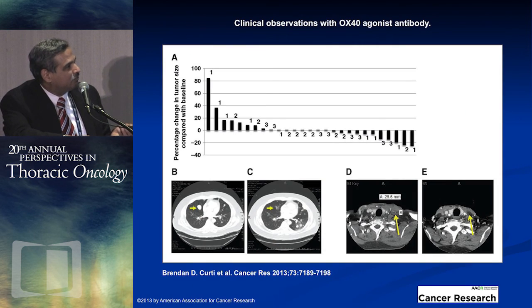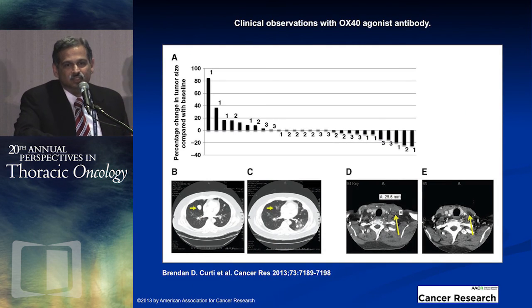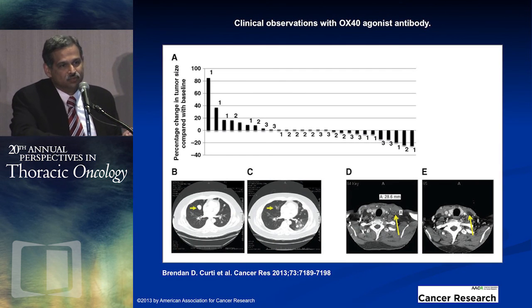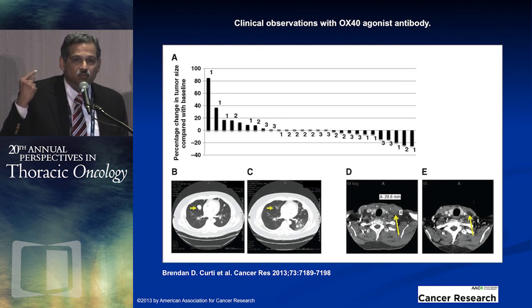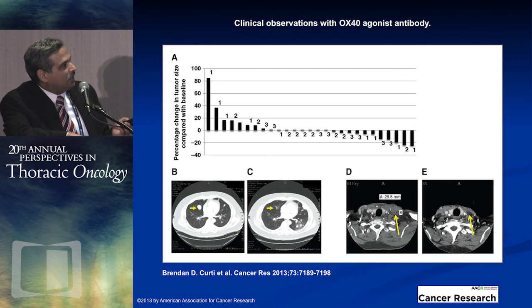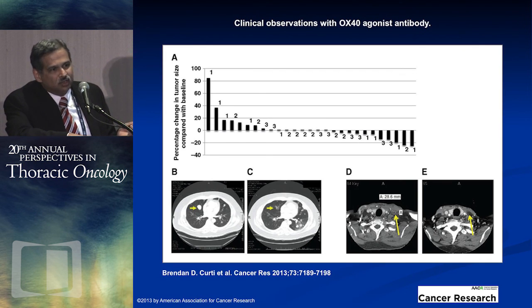We have some very limited clinical data. This was a chimeric antibody that targeted OX40 in a phase 1 study where patients only received 1 dose of this agent. And even with just 1 dose, in some patients, there were a variety of tumors, including non-small cell lung cancer and melanoma. Some tumor shrinkage and tumor stability was observed.